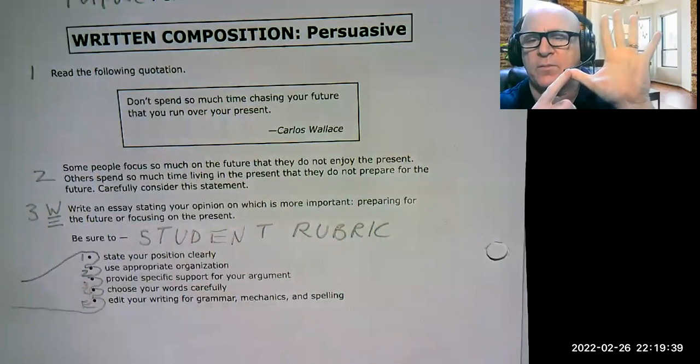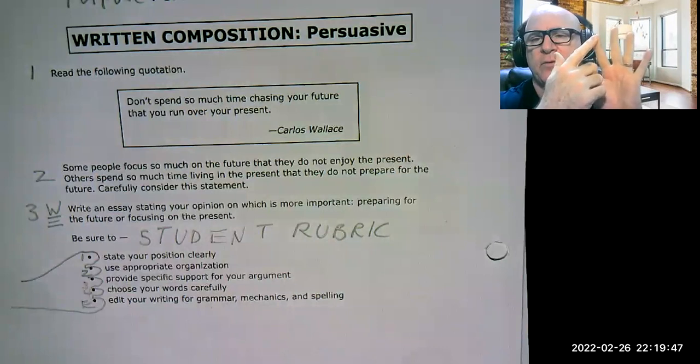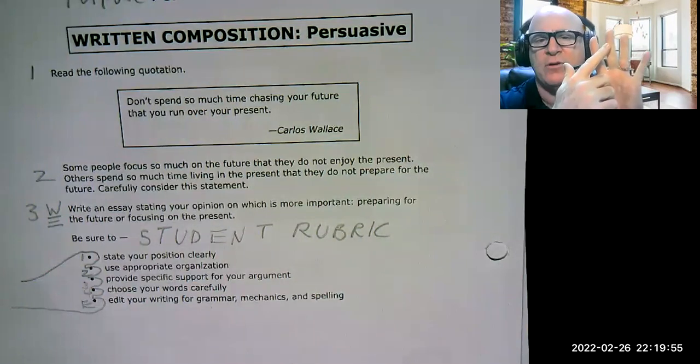1, the position. Number 2, have good reasons and examples. 3, develop that reason specifically. Each one. If you're going to have 3 reasons, develop all 3. If you're going to have 2 reasons, develop both of them.